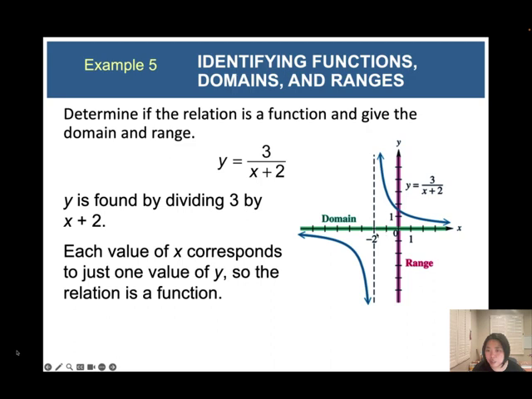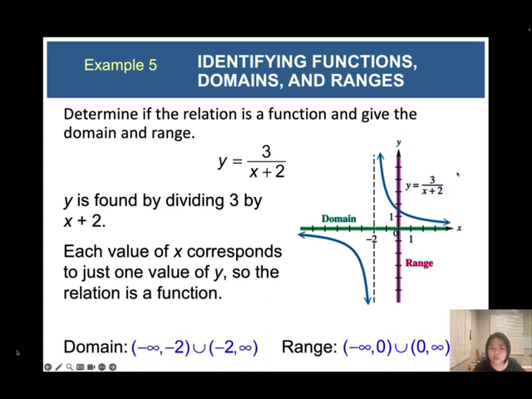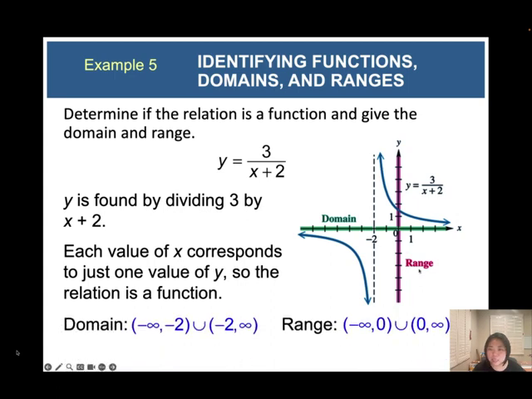And also we're going to start here, so parenthesis negative 2 until positive infinity. Same idea for the range. The y cannot be equal to 0. So the range is negative infinity to 0, parenthesis. Parenthesis means not equal to this value. And then starting from 0 to positive infinity.